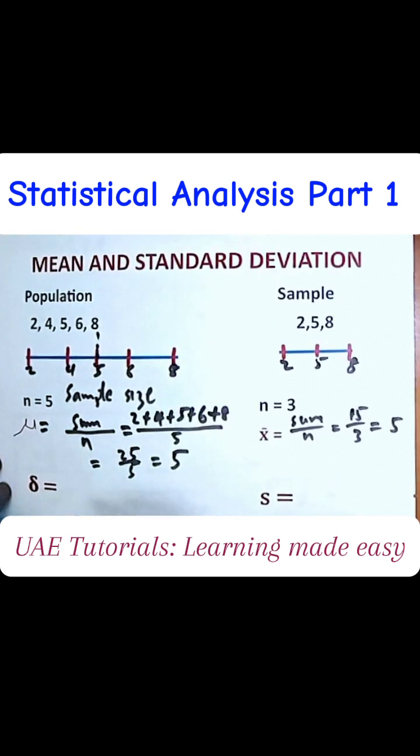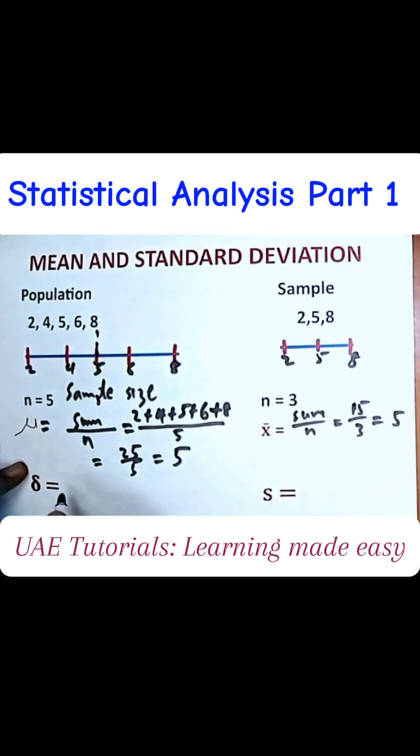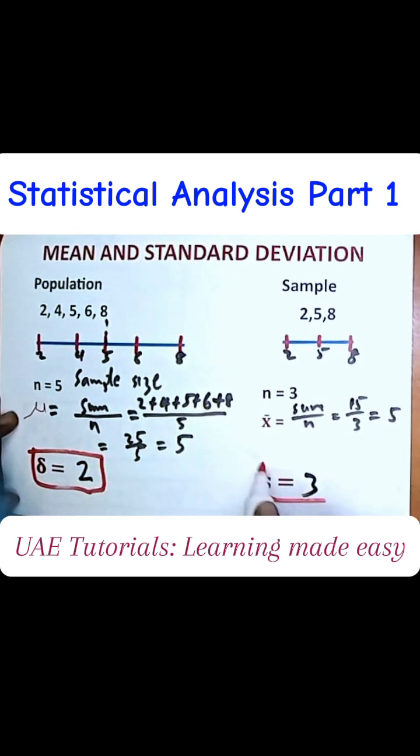So we'll go back to plug in our numbers. Remember when we worked it the first time, the standard deviation for the population was 2. So the population standard deviation is 2, while the sample standard deviation is 3. So guys, what is this information telling us?